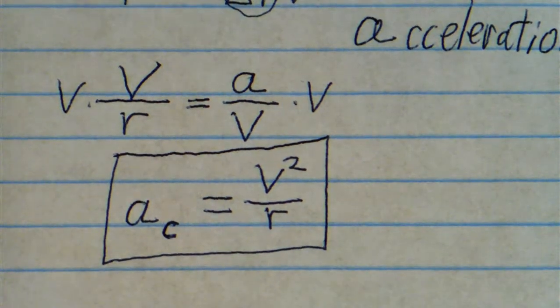This is a formula developed by Isaac Newton. He was born in the 1600s, and it's to calculate how much acceleration we're talking about when we're moving around in a circle.